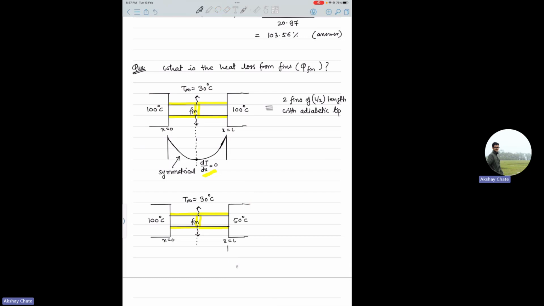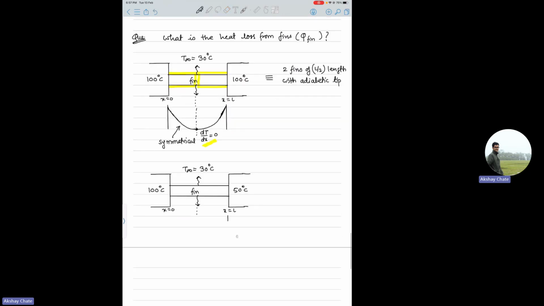So your tip is not at the same temperature as the previous case.